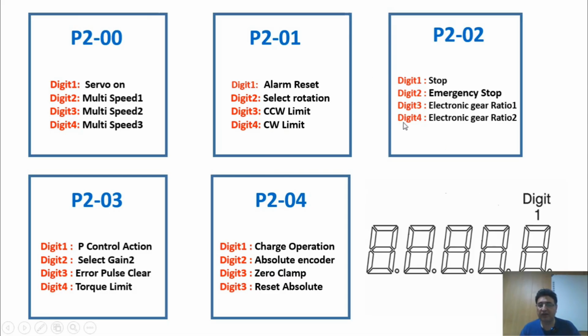Or, for an emergency stop scenario, suppose you wish to assign one of the servo's digital inputs to trigger the emergency stop function. In such a case, you would first enter parameter P2-02 and set its second digit, and based on the value you set here, you will be able to assign one of the digital inputs to initiate the emergency stop.